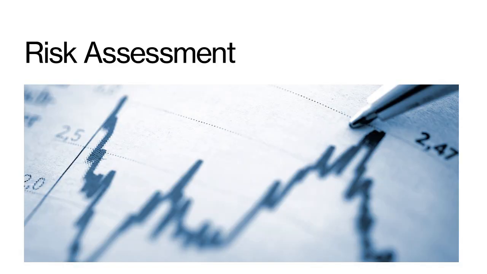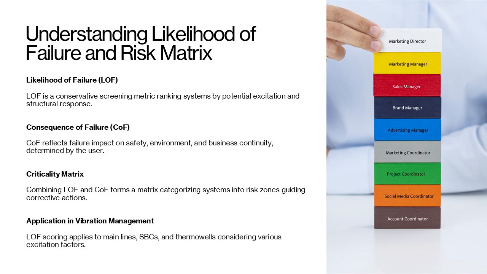Understanding likelihood of failure and risk matrix. Risk assessment and proactive vibration management combines two key elements: likelihood of failure, LOF, and consequence of failure, COF. LOF is a conservative screening metric calculated using simplified models to rank systems based on potential excitation mechanisms and structural response.